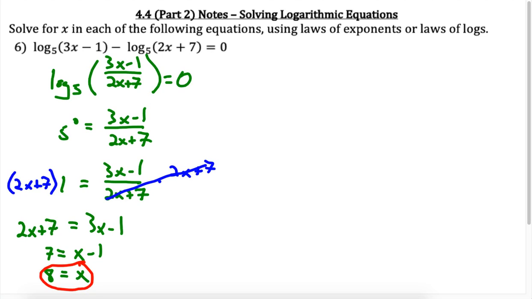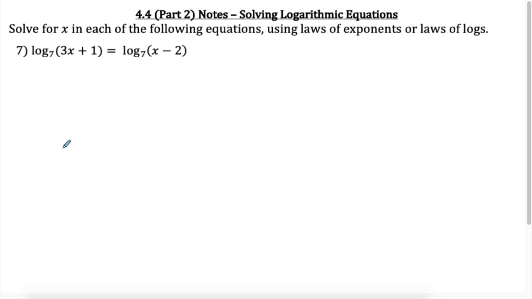In our final two examples on the front here, we have logs on both sides of the equation. The property that we're going to use here whenever we have logs on both sides, we want to get one log equal to one log. Once we do that, whatever's on the inside of the logs has to be equal, as long as the logs have the same base. So here they both have base 7.